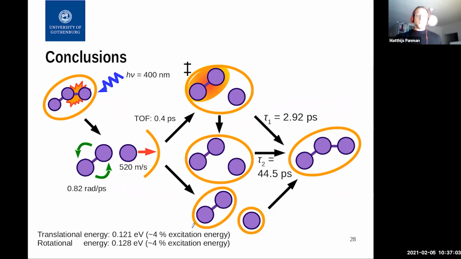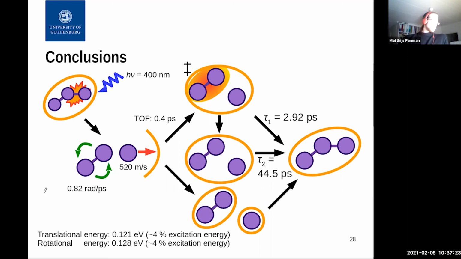And with this, I would like to conclude. We investigated the dissociation of triiodide in water and acetonitrile. We have determined the velocity of the fragments as a result of the dissociation, and also the rotational lifetime.